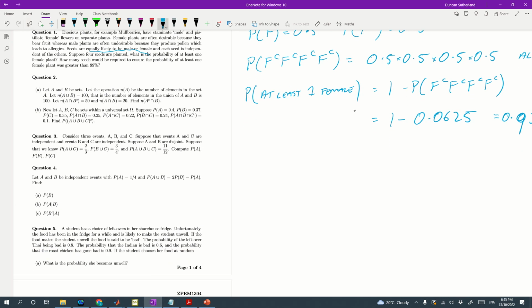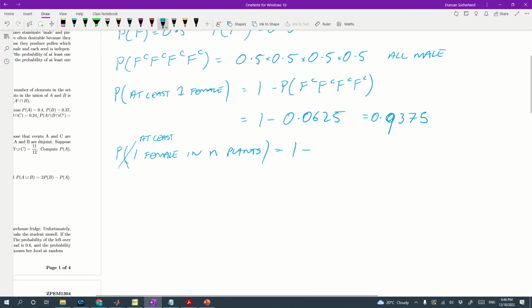This next one's a bit trickier. How many seeds would be required to ensure the probability of at least one female plant is greater than 99%? Well, that's the same as asking that the probability of all male plants is less than 1%. So the probability of at least one female is 1 minus the probability of n male plants.